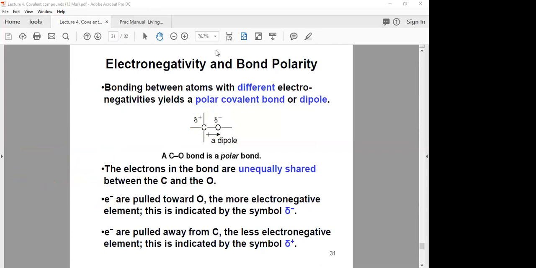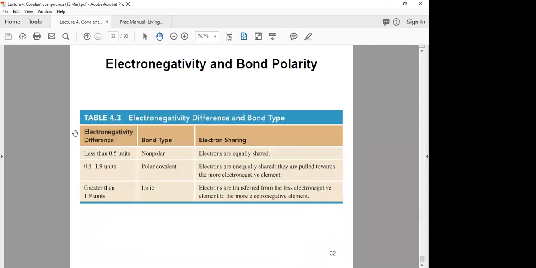Okay, that brings us up to our last slide of this lecture. Electronegativity difference and bond type.